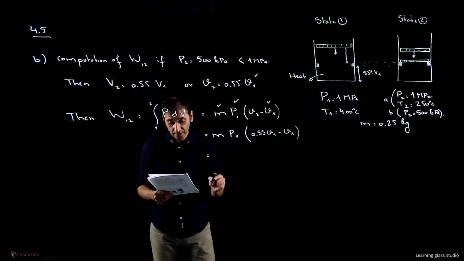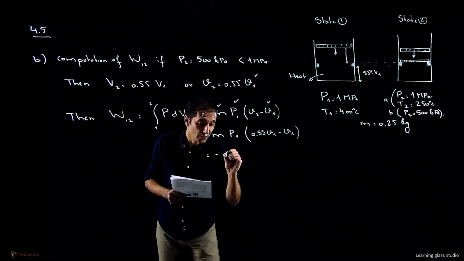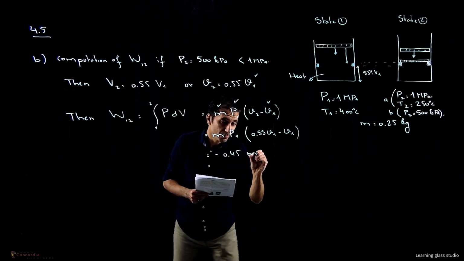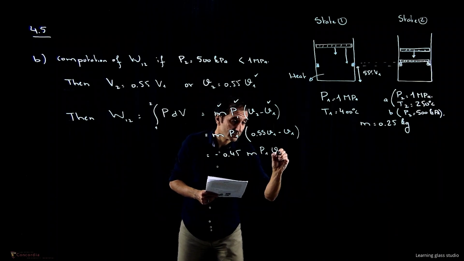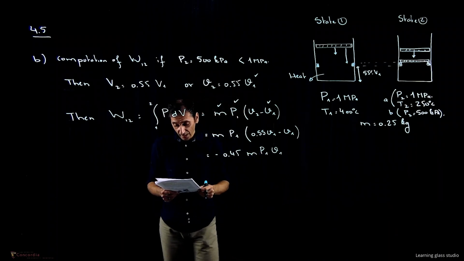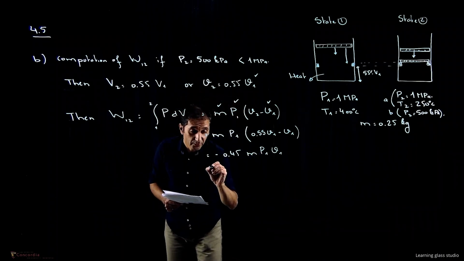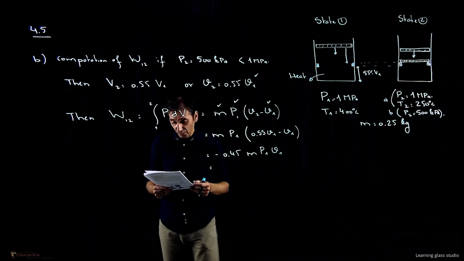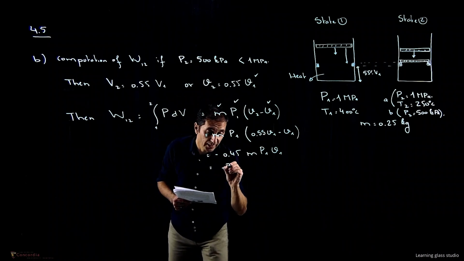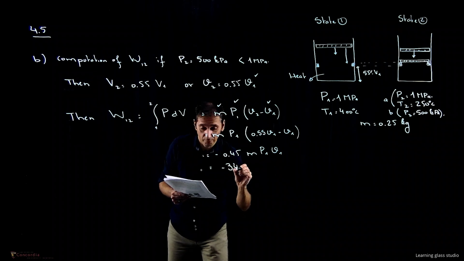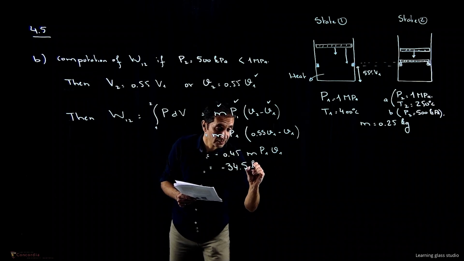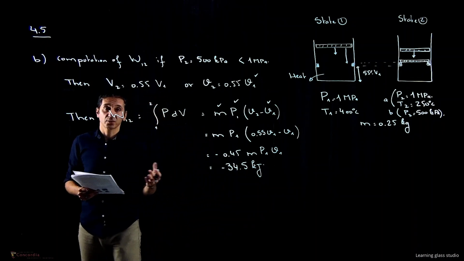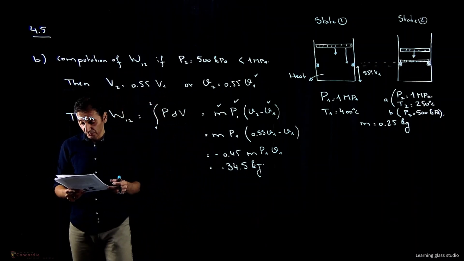And this will give us minus 0.45 P1 V1. And if we plug in the values of the mass, the pressure, and the specific volume V1, this will give us minus 34.5 kilojoules of work.